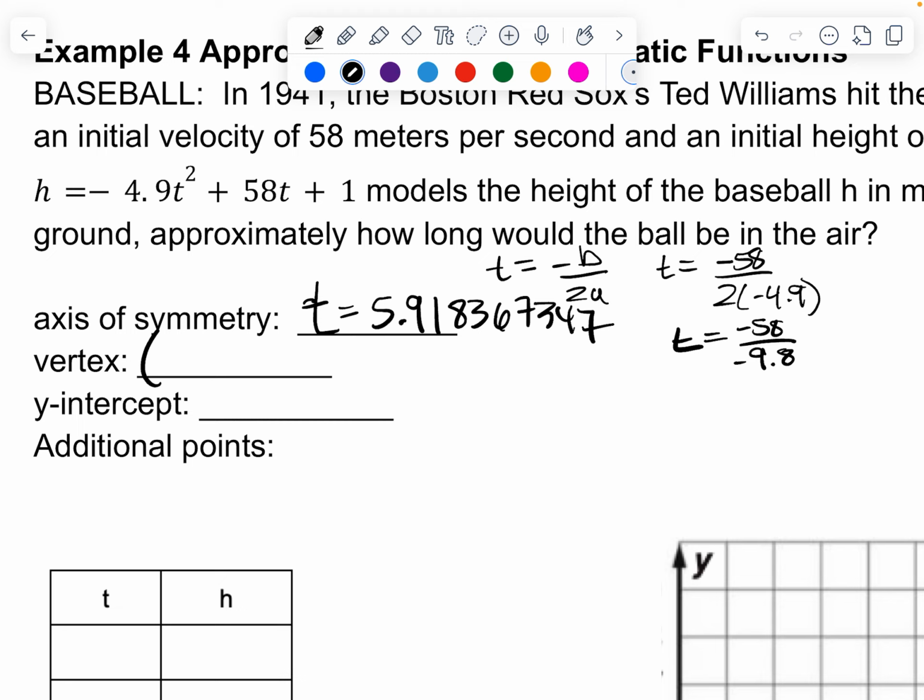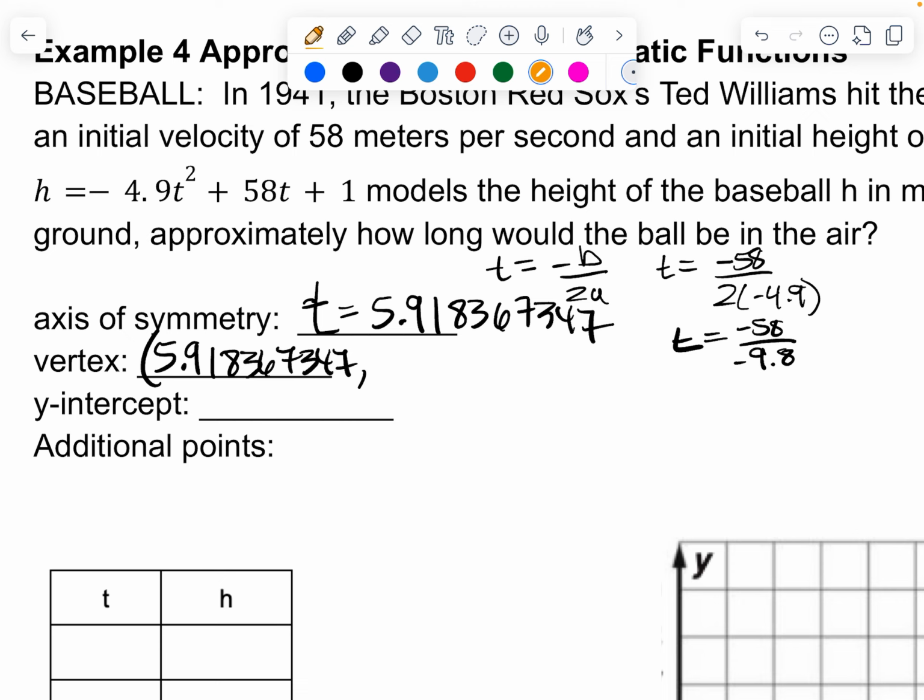Okay, so if I plug that in, 5.918367347, and I plug that into my equation. So I have -4.9 times, in parentheses, squared, plus, oops, no, not times, but plus 58 times that number plus 1.